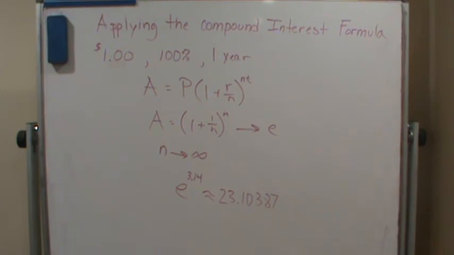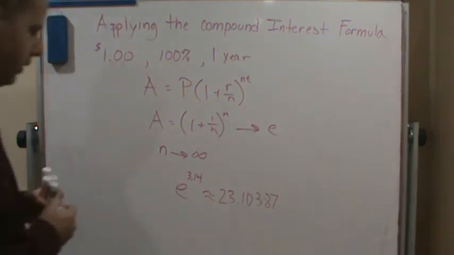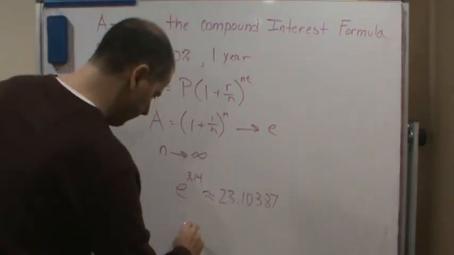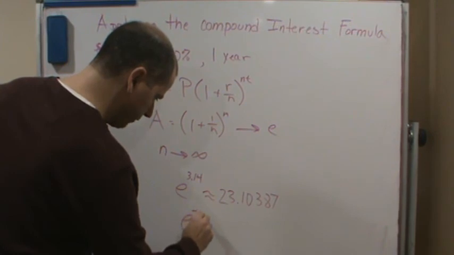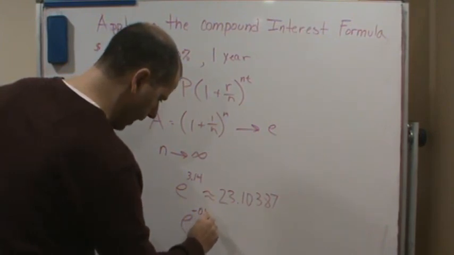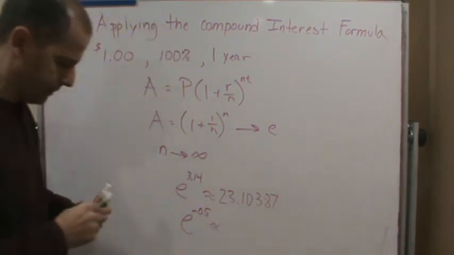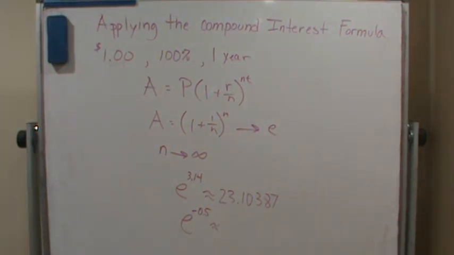Now what about e to the negative 0.5? Again, you just do the same thing, or you could look at that as 1 over e to the 0.5.